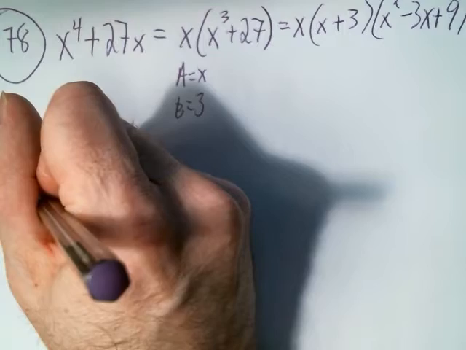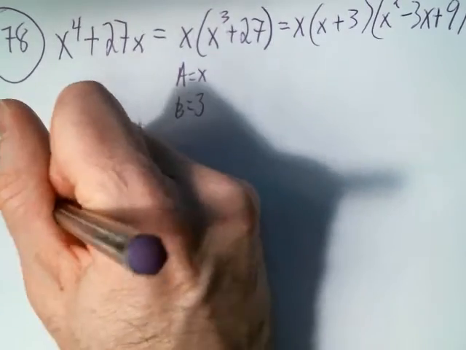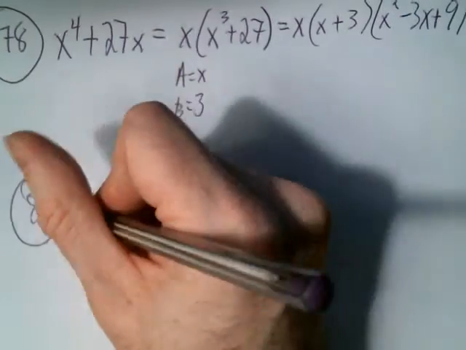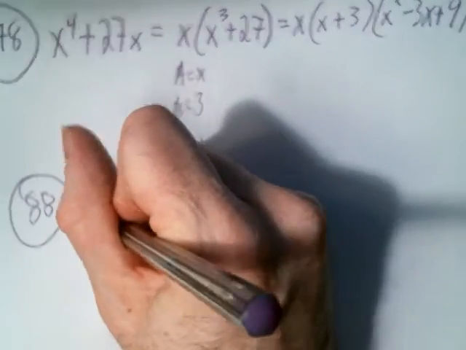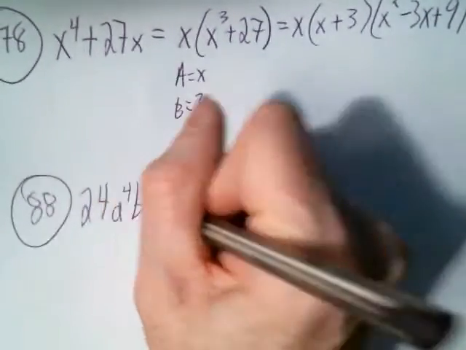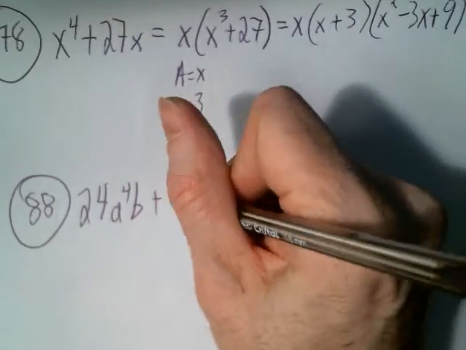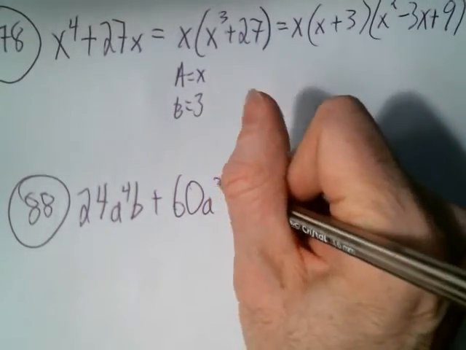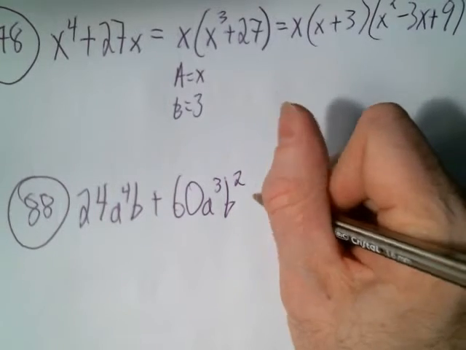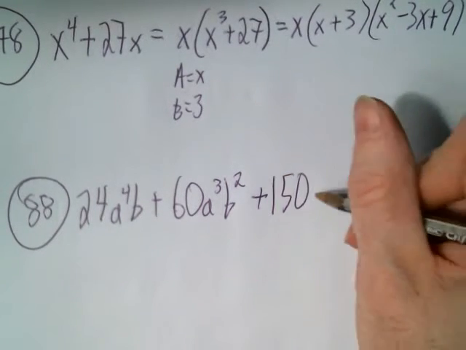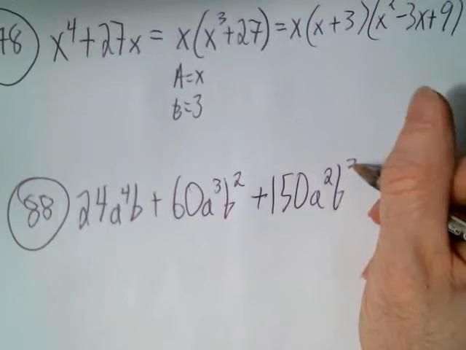Okay, let's just look at one more. This is 88. We got some multivariable deals going on here. 24a to the 4th b, plus 60a cubed b squared, plus 150 a squared b cubed.